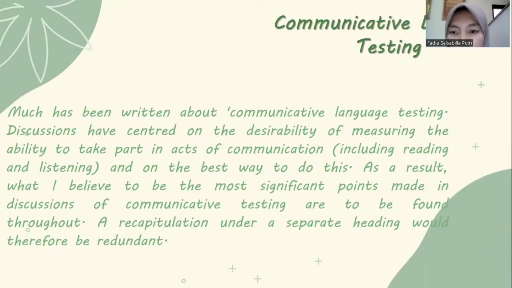Communicative language testing. Much has been written about communicative language testing. Discussions have centered on the desirability of measuring the ability to take part in acts of communication, including reading and listening, and on the best way to do this.